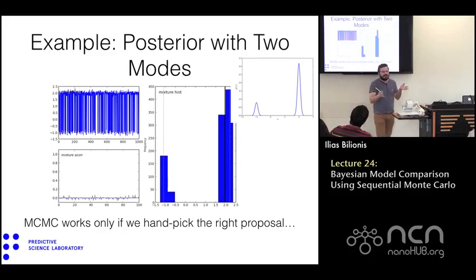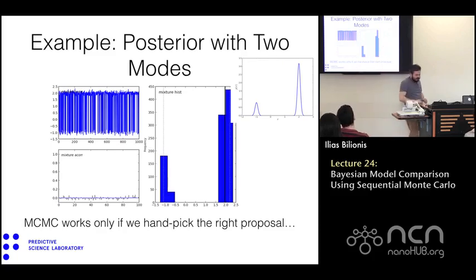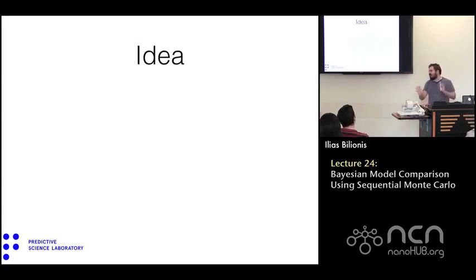But the only reason that I was able to do that is because I constructed the problem, okay? In a real problem, you're not going to be able to do that. So you see here a nice MCMC trace that jumps from one mode to the other mode, and you can see both modes, and the autocorrelation plot looks fine. Okay, but this is obviously not what you want to be doing.